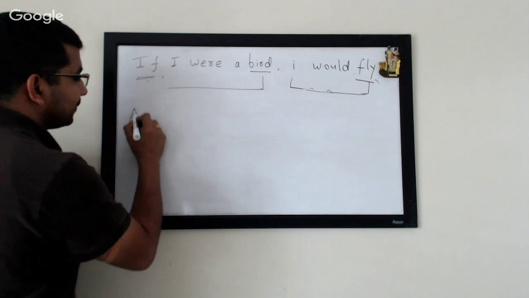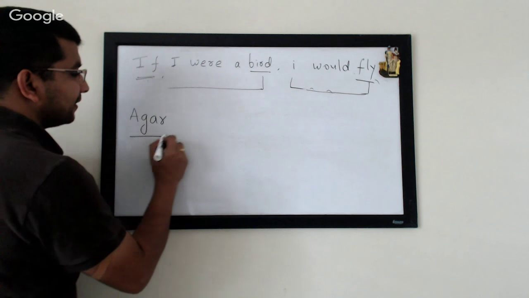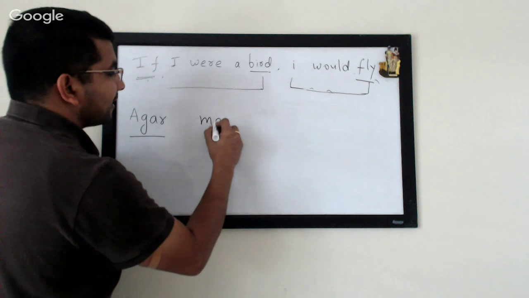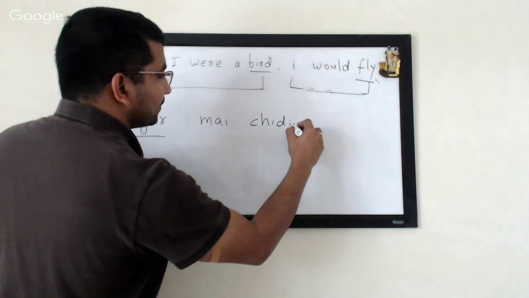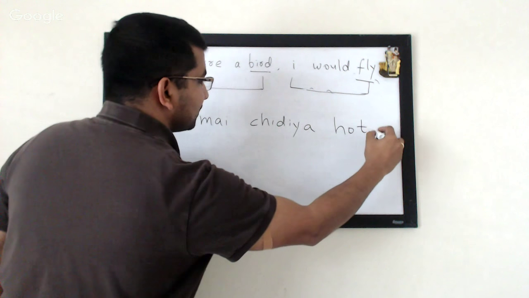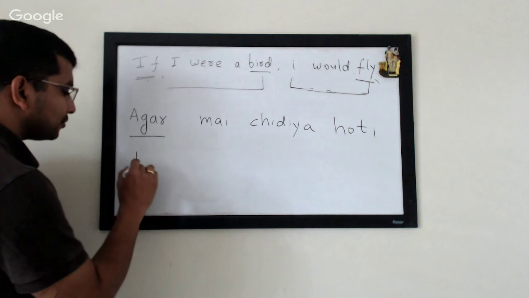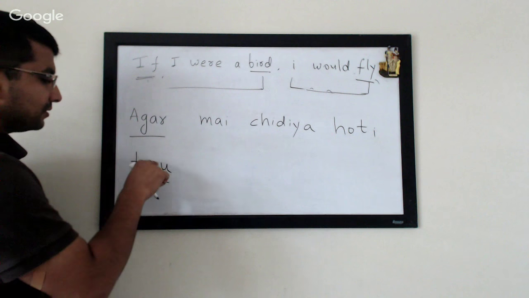So again, if you remember it, you will write it like agar, which is your if. अगर मैं चिड़िया होती, and then the second sentence is तो, which is nothing but then, or something like that.